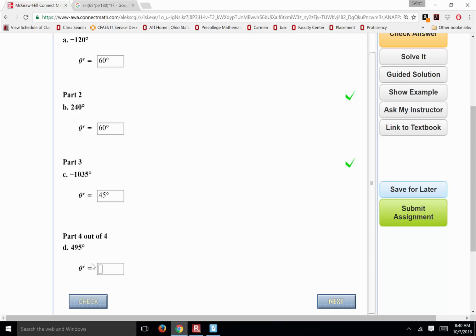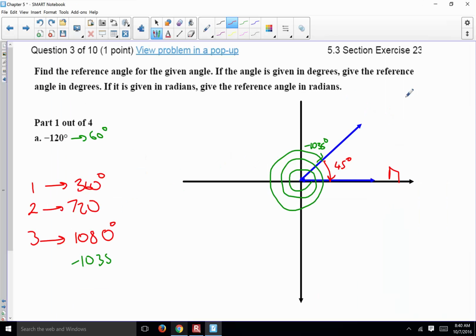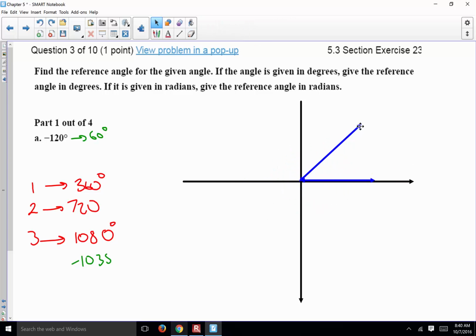495. Positive, so we are going counterclockwise. 495. This is 360. This is 90 more. 360, 90, 450.